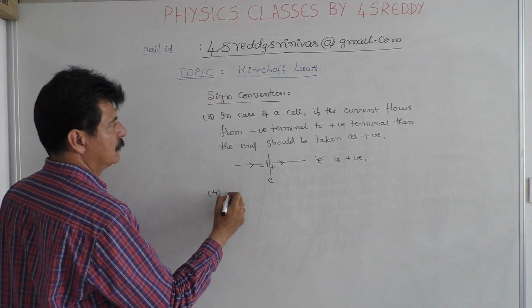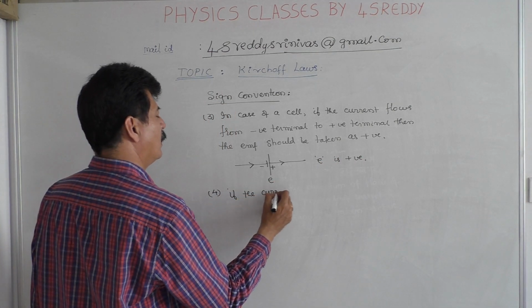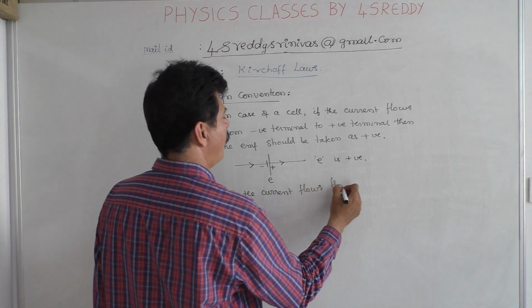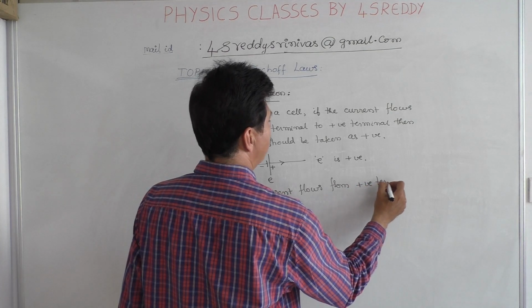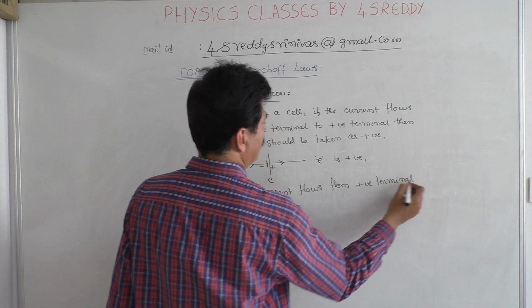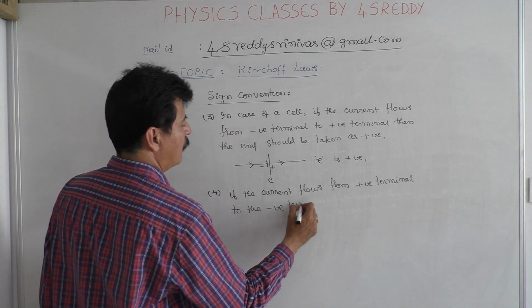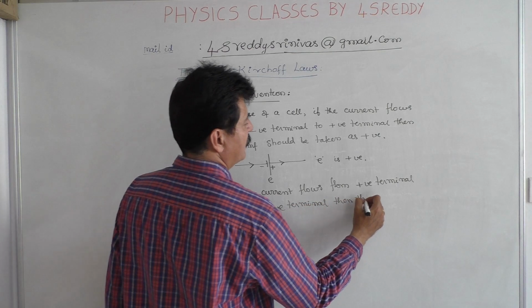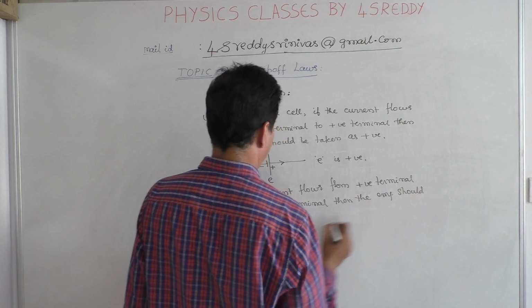Fourth one, if the current flows from positive terminal to the negative terminal, then the EMF should be taken as negative.